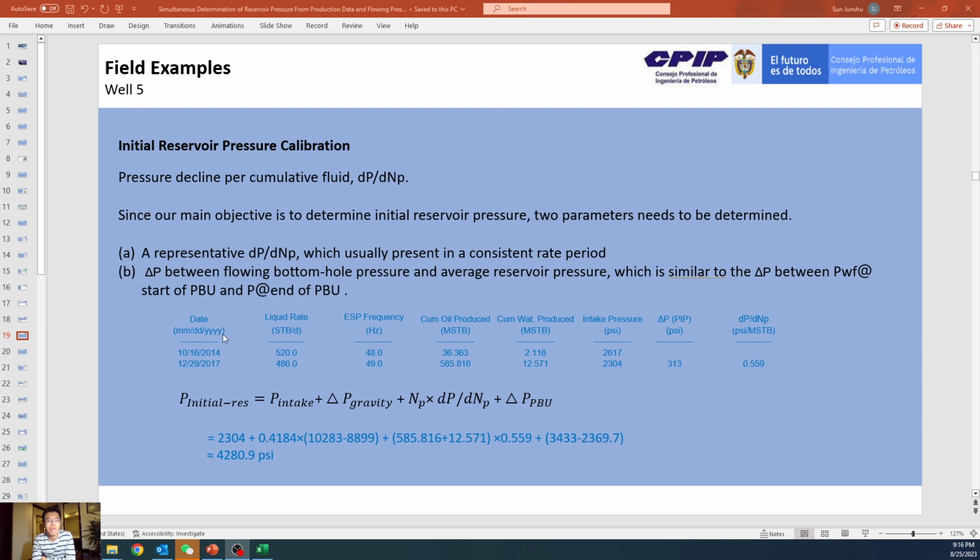In the well 5 case, we finally calculate the initial reservoir pressure is around 4,281 psi.